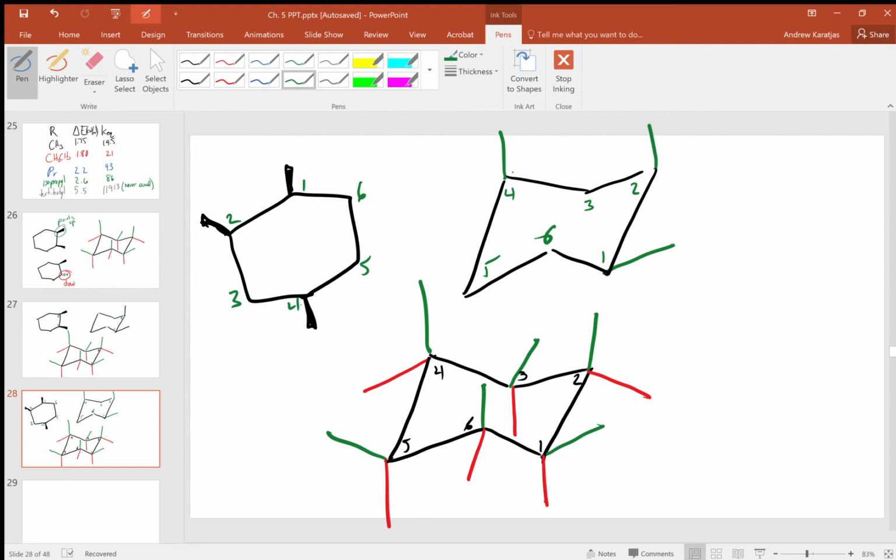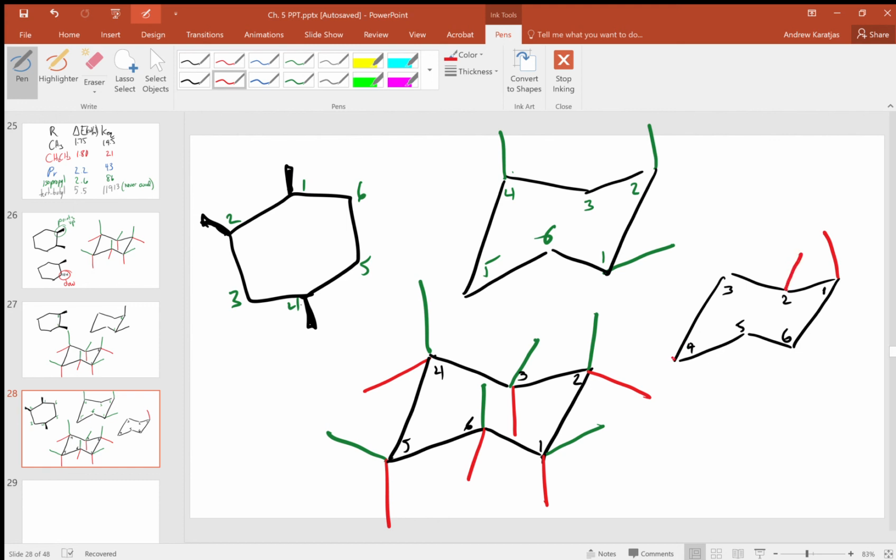So what if we tried to do this a different way? So now, instead, I'm going to make this carbon number 1. Because remember, I can start anywhere in the ring that I want. If I do that, carbon 1 has a methyl going up, that's axial. Carbon 2 has a methyl going up, that's equatorial.